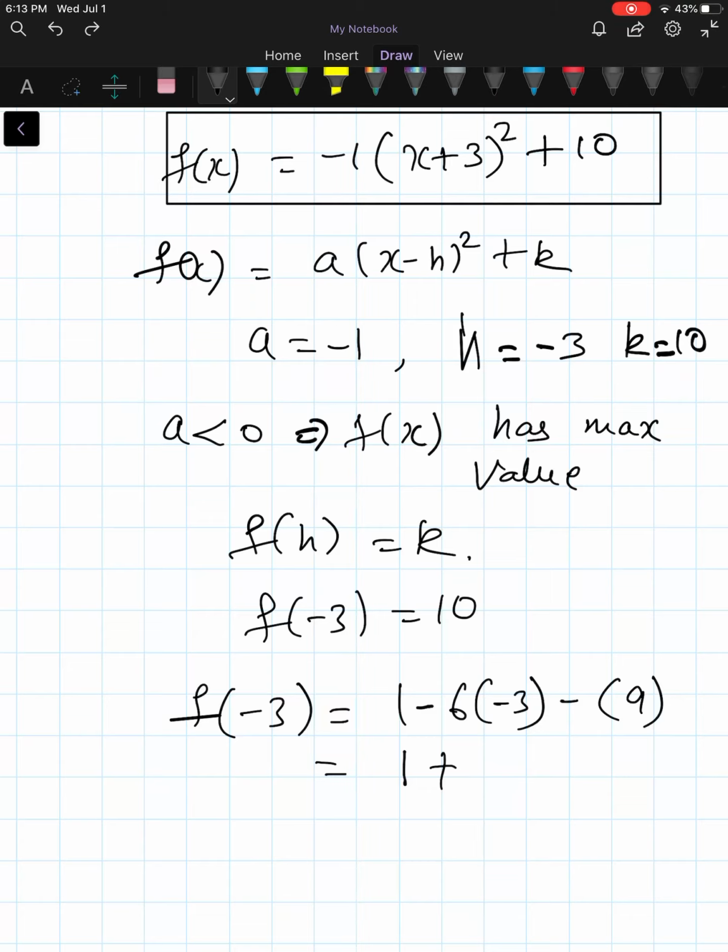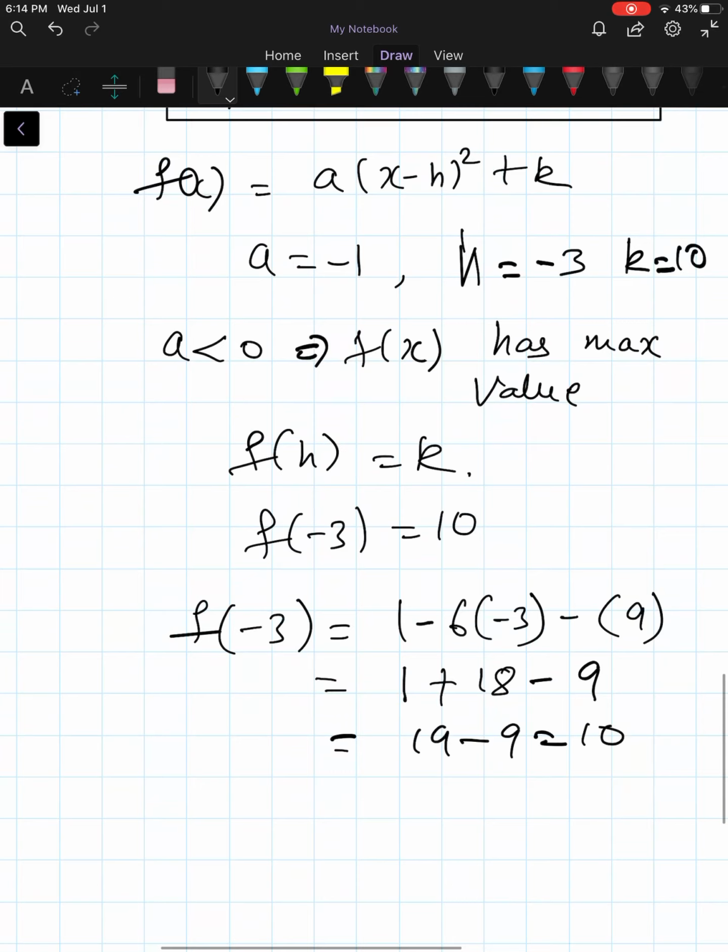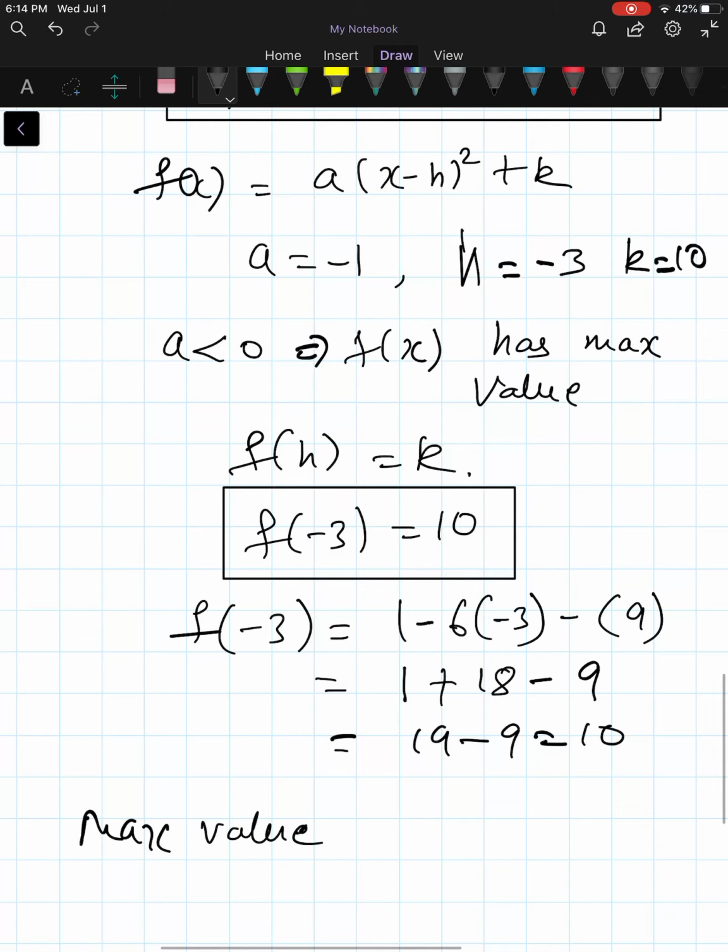Yeah, I'm sorry. 6 times 3 is 18, so 1 plus 18 minus 9. So it would be 19 minus 9, that is 10. So we are absolutely right. Our maximum value of the function is f of negative 3, that is nothing but 10.